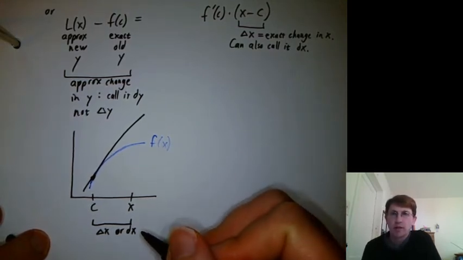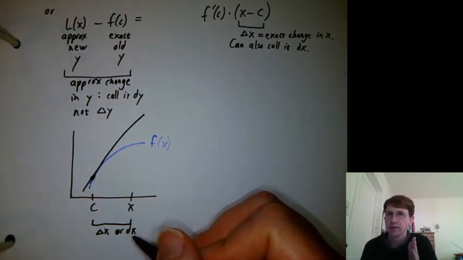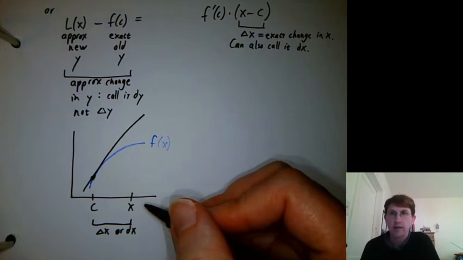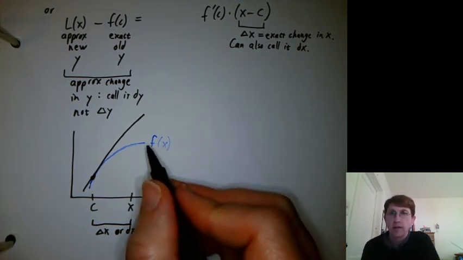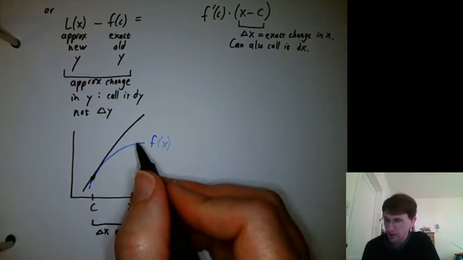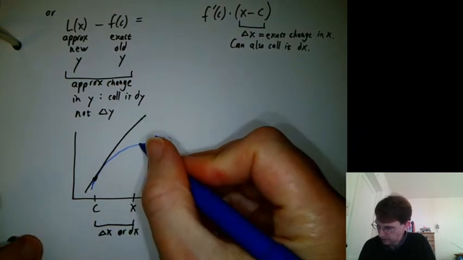By the way, some books have a different idea of what dx is. They say it's only when you let delta x go to 0 that it's exactly equal to dx, but we're not going to worry about that so much. What about delta y and dy? Well, the exact change in f of x from here to there, let's put a point there.